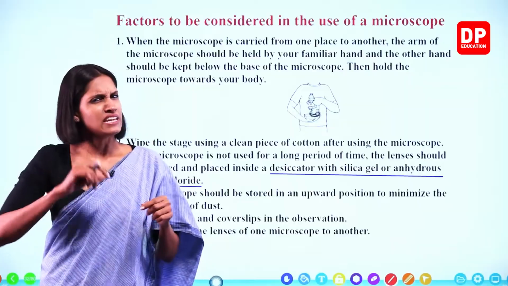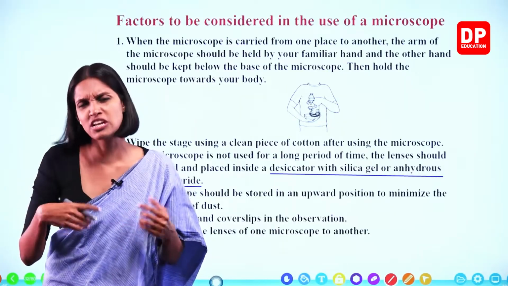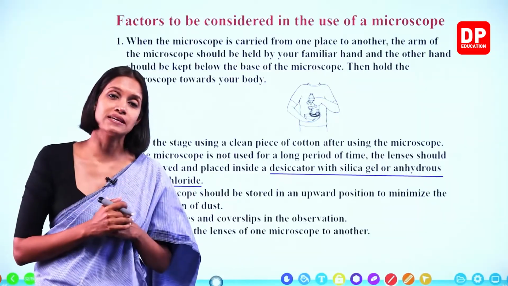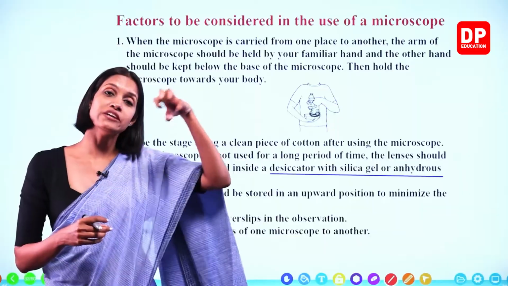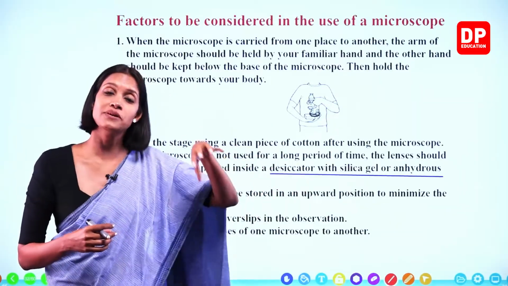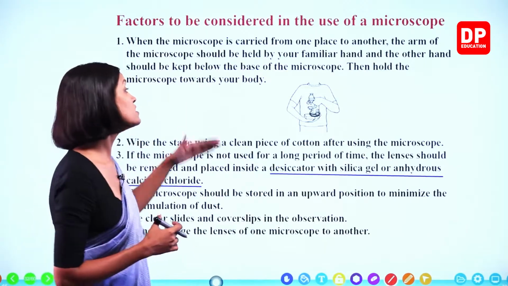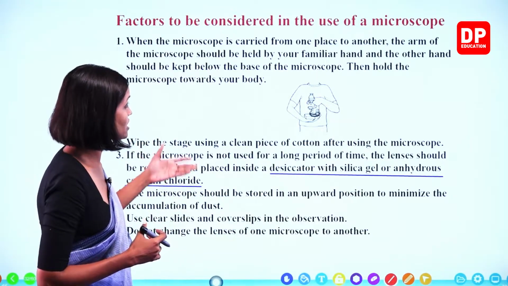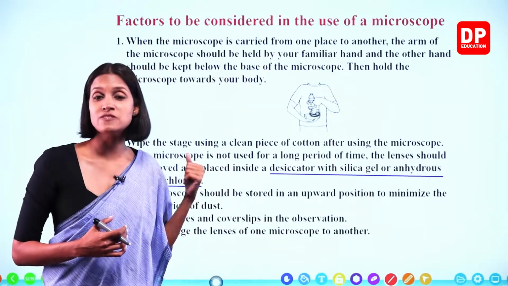Why? In case a certain lens has microorganisms formed, especially fungus, right? If fungus is present on a certain lens, when you change it to the other microscope, what happens? It will spread to the other microscope as well, right? So all these steps should be taken for the protection of the microscope, because it is an expensive instrument.